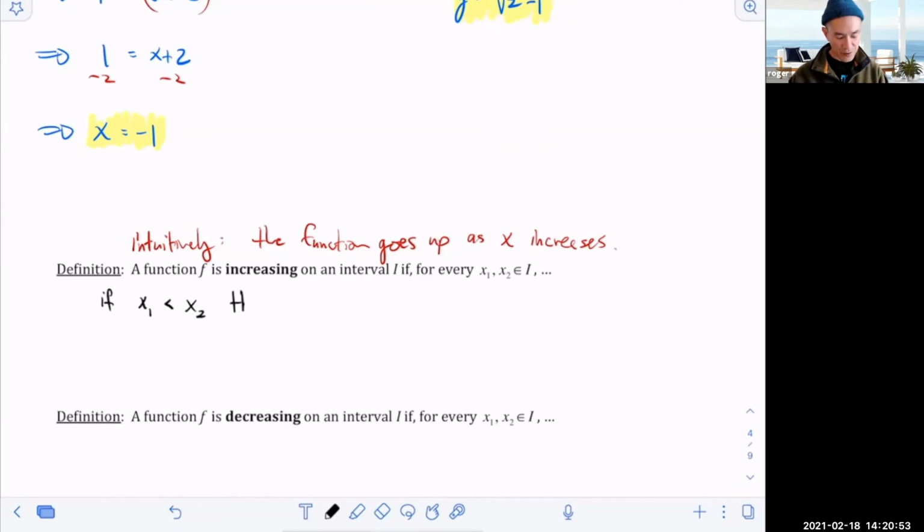So if this is true, then this is called an if-then implication. Then what does that mean? Well, if I want to say that my function gets bigger and bigger, then that means the function value at x1 is going to be less than the function value at x2.